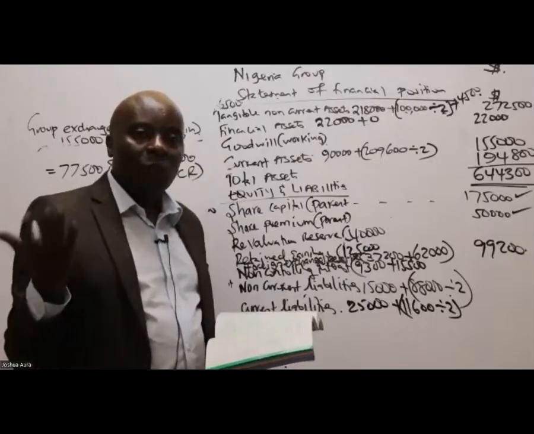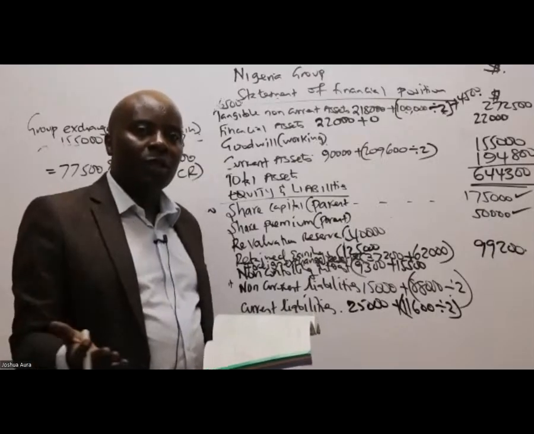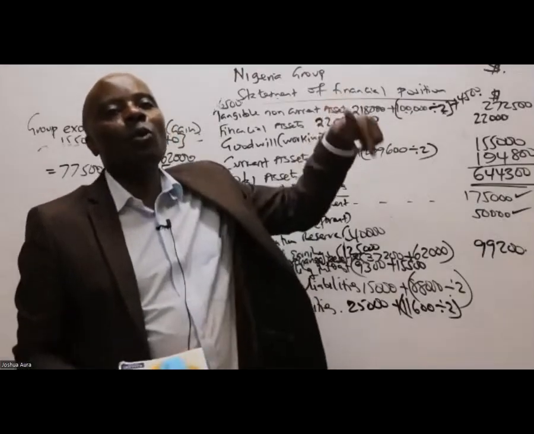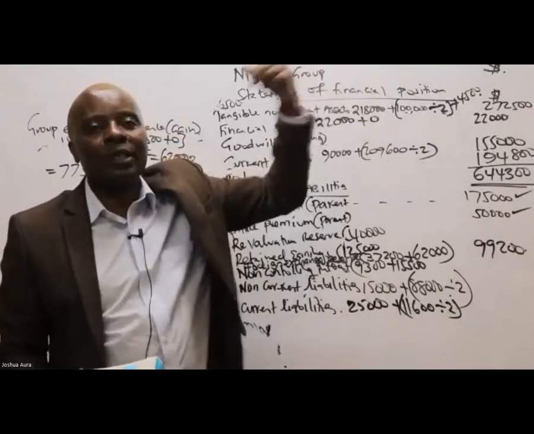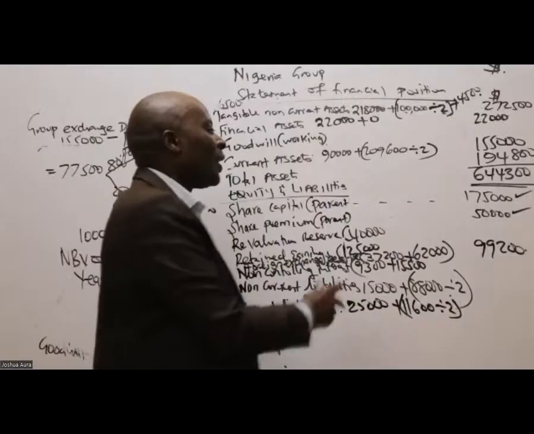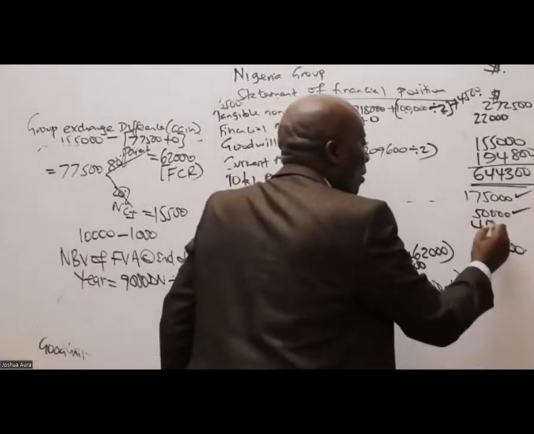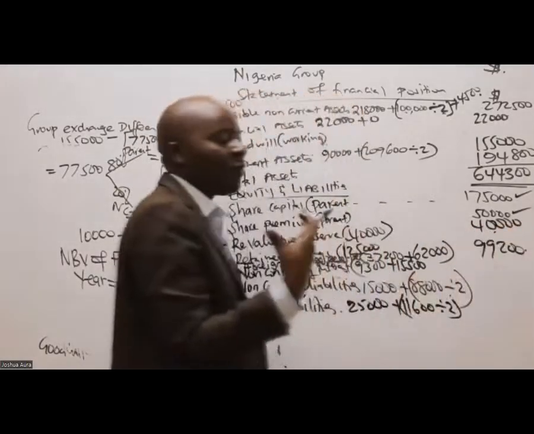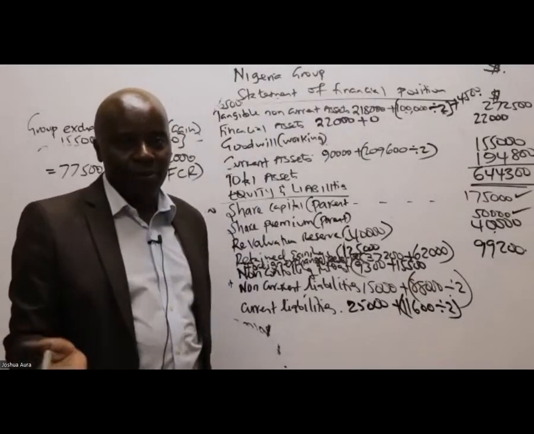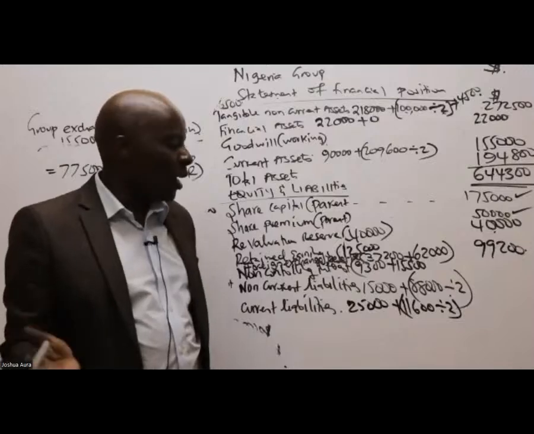The only revaluation we had was in the subsidiary's assets, and that has already been incorporated in the net assets of the subsidiary and shared out equitably. So the revaluation reserve is not going to change at all, because nowhere have they told us that the revaluation of the parent was affected.